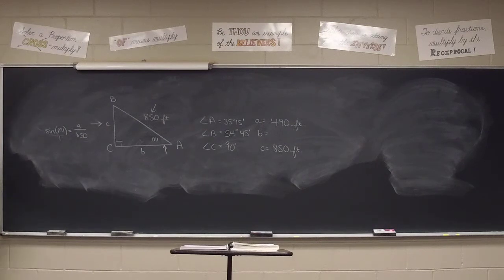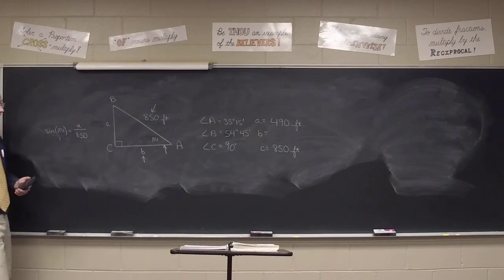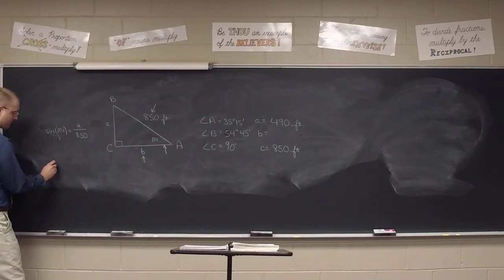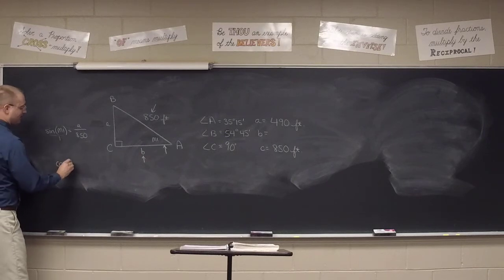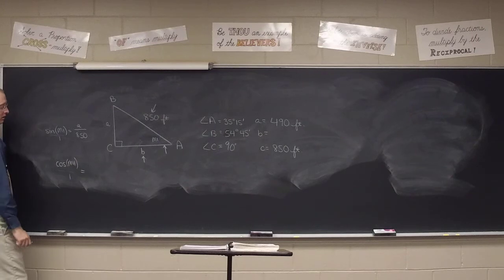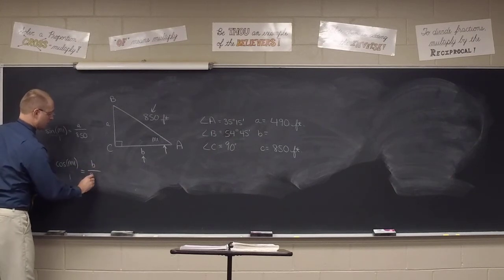All right, next, now that we've got A, we need to solve for B. All right, Chris, what trig function? Cosine. Adjacent over hypotenuse, how do I write it out? Cosine of memory 1 equals B over 850.